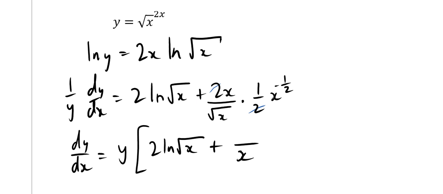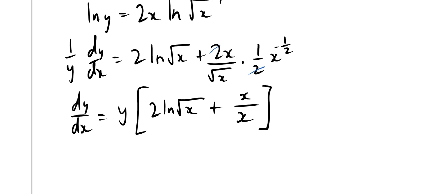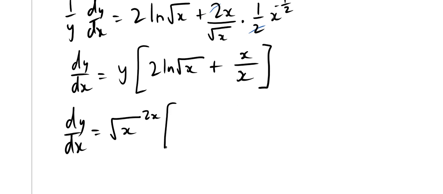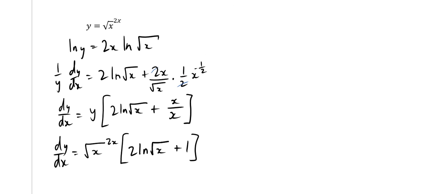Don't forget that. I almost missed that. So there's an x over x. So that's going to be 1. So I get dy by dx equals square root of x to the 2x times 2 ln root x plus 1. But hold on a minute here.